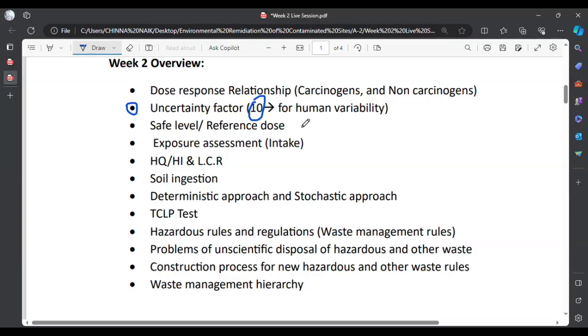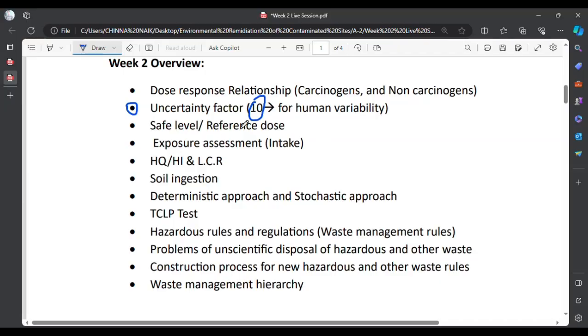For human variability, because humans working on contaminated sites differ in mass and age, we use 10. Again 10 for extrapolation from animal to humans, 10 for use of less than chronic data, and 10 for using NOAEL instead of LOAEL.